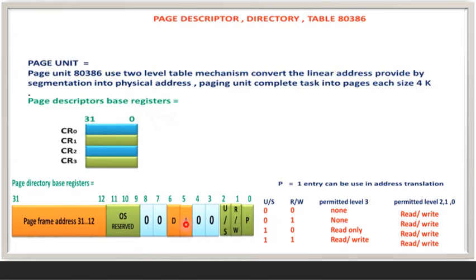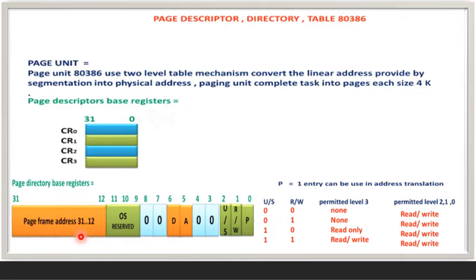Usually the page table entries contain the starting address of the page and the information about the page. This figure shows the page table entry. Generally, the upper 20 bits of the page frame address of the page table entry are combined with the lower 12 bits of the linear address.